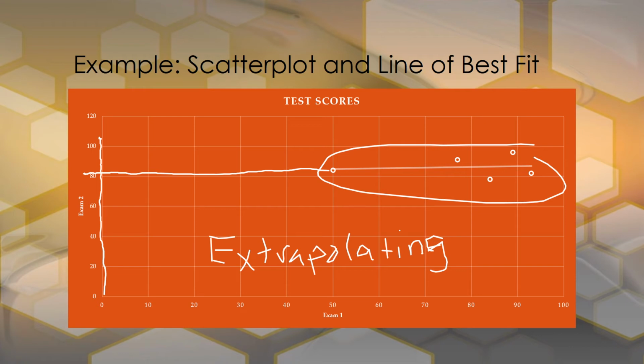So it's kind of unlikely that someone would have an exam score of 0, or not a lot of people would. Maybe one person just didn't take the test, and we might have a data point over there. But it's not a frequent score. Hopefully it's not, right? So it's kind of fishy to extrapolate all the way over here.